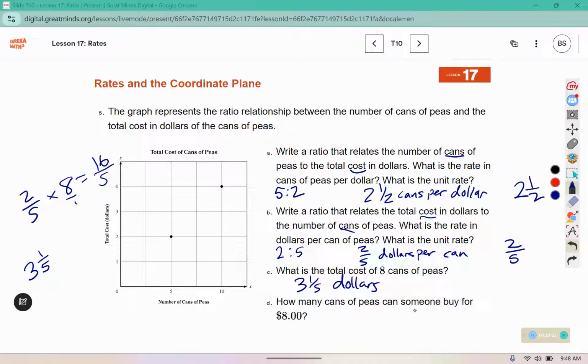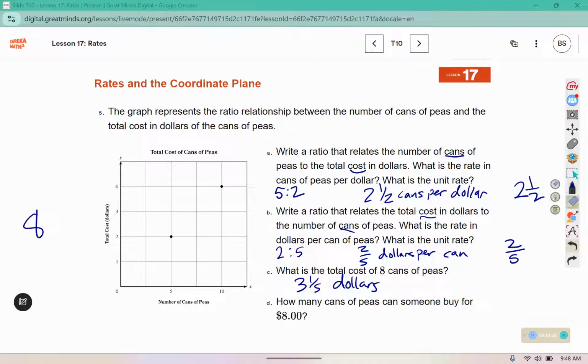How many cans of peas can someone buy for $8? This one we would work backwards. So we have $8, but we know that it was 2/5 per can. Or we can think of it as it is $2.50 or 2.5 cans per dollar.